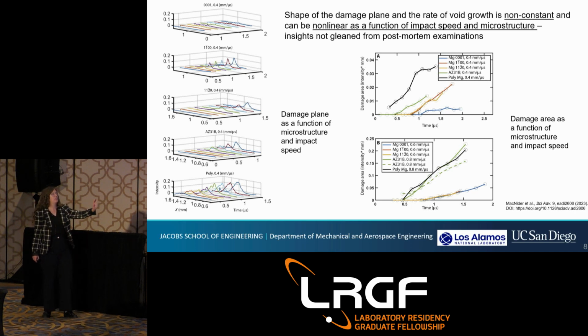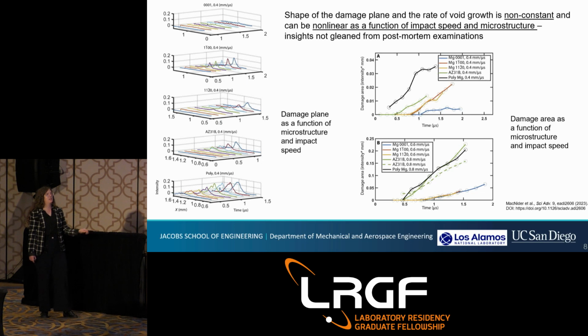So on the left here is an example where we went across the width of the sample in the loading direction and summed up the intensities vertically, and so we can get a damage plane that we condense down to one line for each time. At the top there, that's the orientation that did not sustain a lot of damage, and so you can see on the top left that has very, very low lines, and in the bottom left here, this is the sample that sustained a lot of damage, and you can see that this damage plane is much larger.